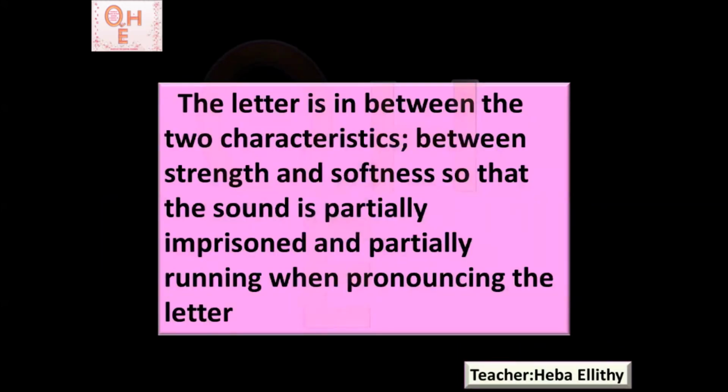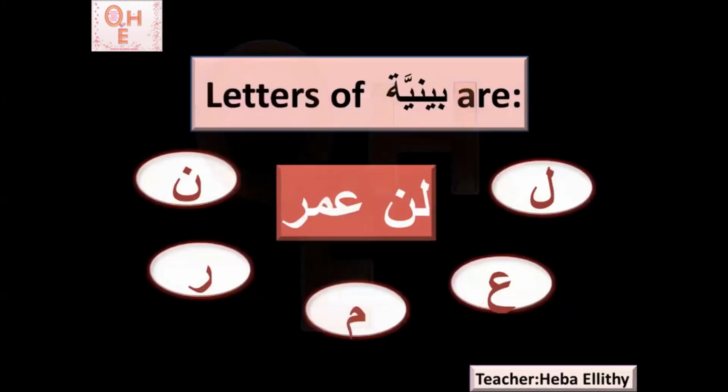The letter is in between the two characteristics, between strength and softness. So the sound is partially trapped and partially running when pronouncing the letter. Is this a clue, what I explained right now? We will explain to make it more clear. It's not a clue, it's very easy, we will understand it together.